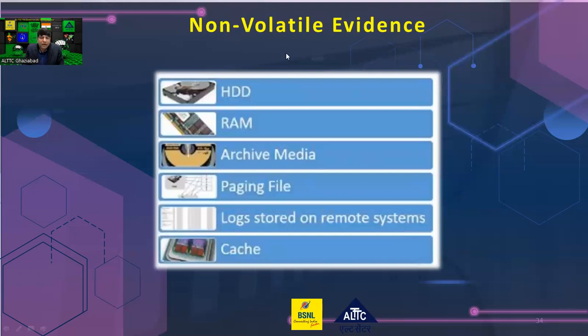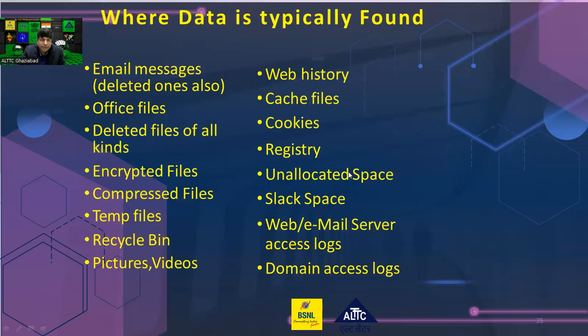Non-volatile evidence: hard disks, RAM, archive media, paging file, log store, and remote system caches. Where data is typically found is, by default, in your computer system. If we go for more data collection for forensic purposes, you can find deleted email messages.